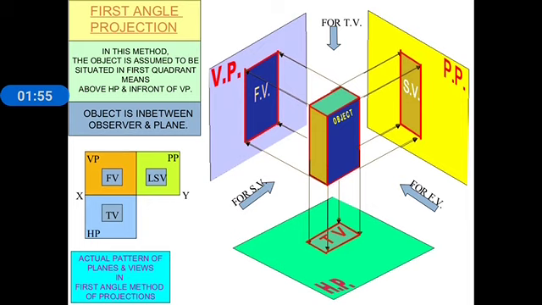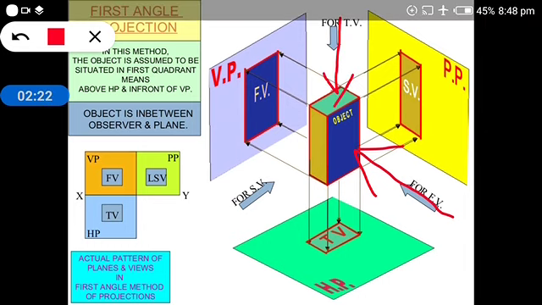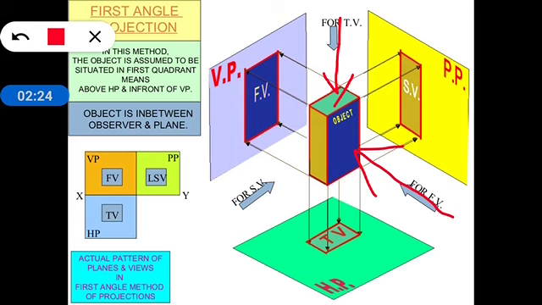In this slide we can show the object has three views. One is the top view, another is the front view, and the left side view, or side views. If the observer stands here, this is the front view, and if the observer sees this object from the top position, this is the top view, and this is for the side views.